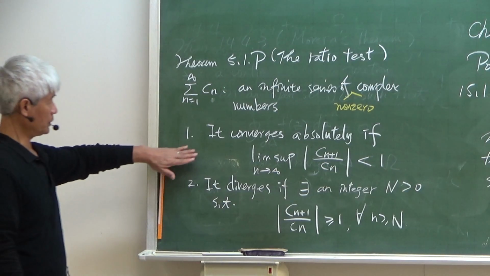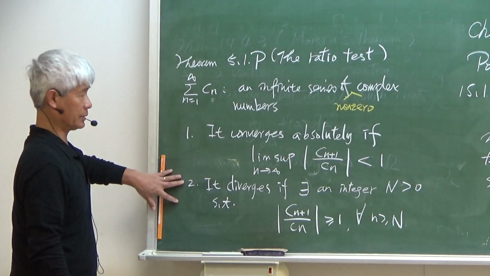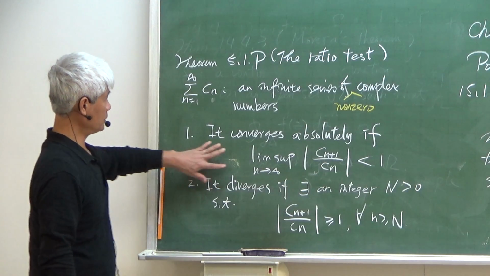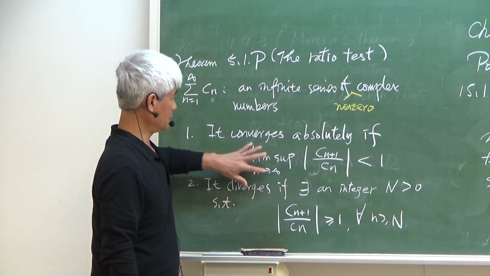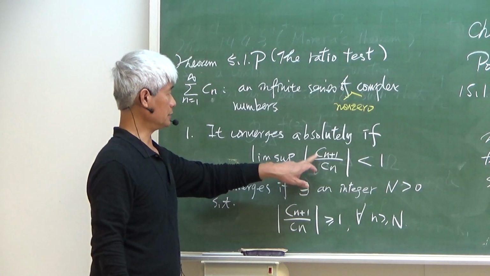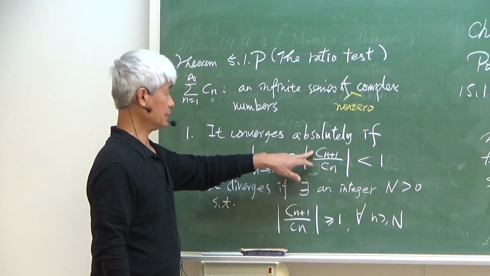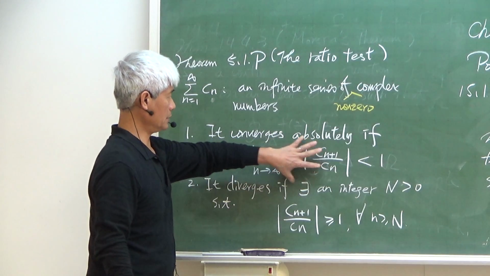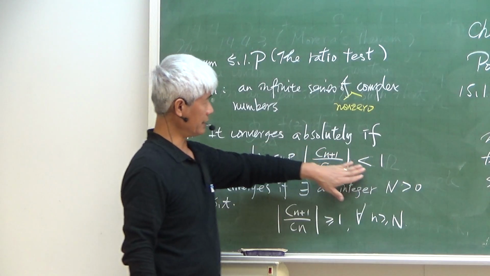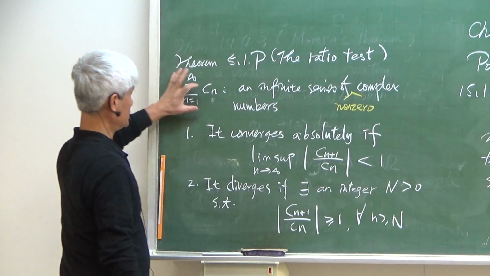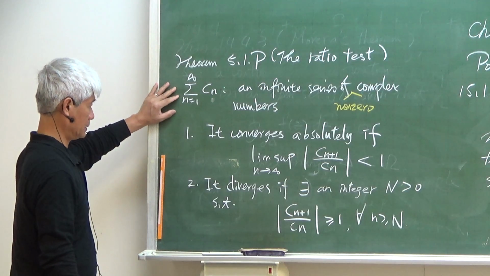So you have two cases to consider. First of all, you compute the lim sup of the absolute value of the ratio. This number always exists, and if this is less than 1, then you know the series converges absolutely.